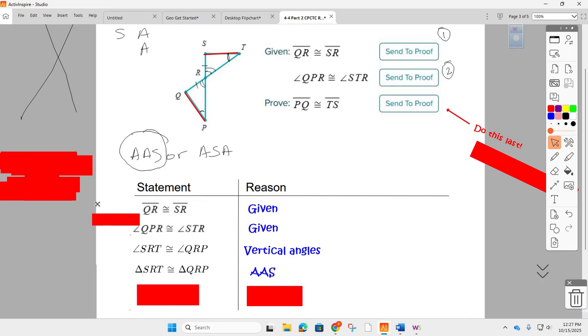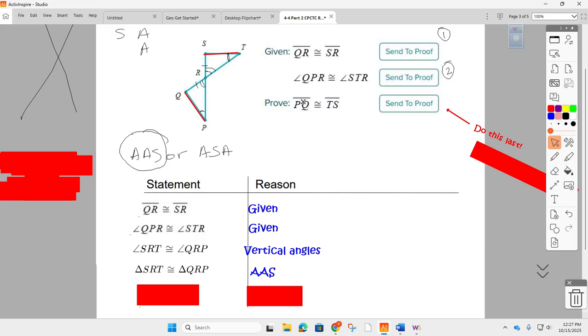And the reason we're going to say is angle angle side, just like yesterday's assignment. But it did not ask us to prove that the triangle is congruent. So now we can send this to proof. This is the last thing we're going to do. When we send it to proof, it's going to pop up: segment PQ is congruent to segment TS. And we have to say why.